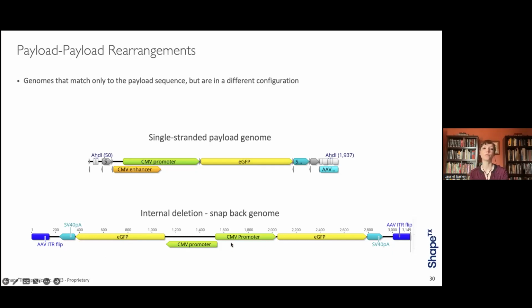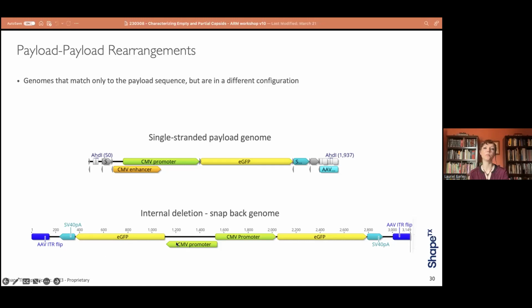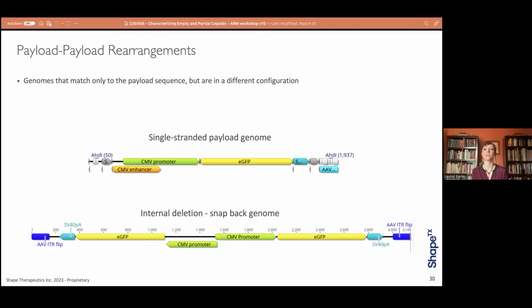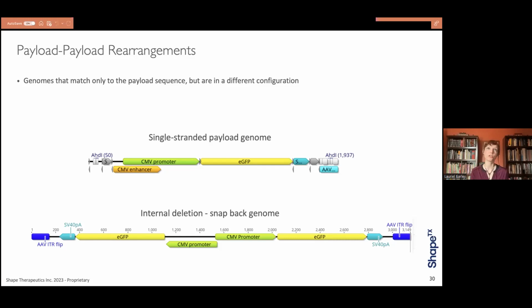And so you end up just copying back along that genome and then forming what essentially looks like a self-complementary AAV, but there's no ITR in the middle. And you've actually deleted part of your genome here in the middle. And we don't know what the therapeutic potency of this would be. It still contains the GFP, it still contains the promoter, but in a truncated form.